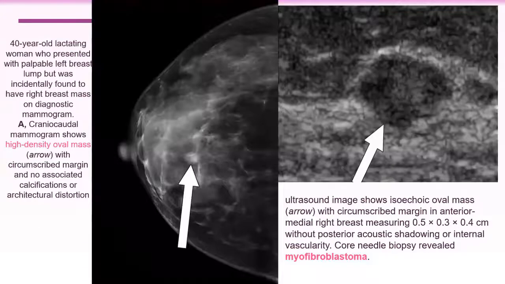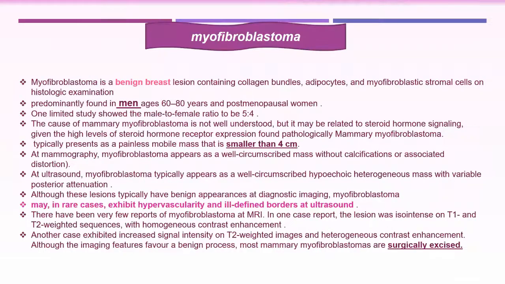And these are examples of high density small lesions. Also a mimicker on ultrasound, a benign entity called myofibroblastoma, part of the stromal component of the breast. However, it is more common in males than females.